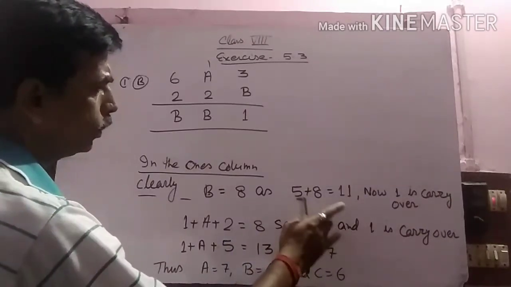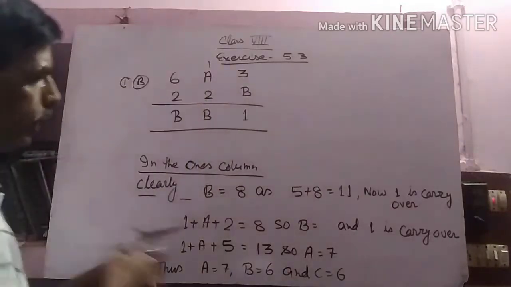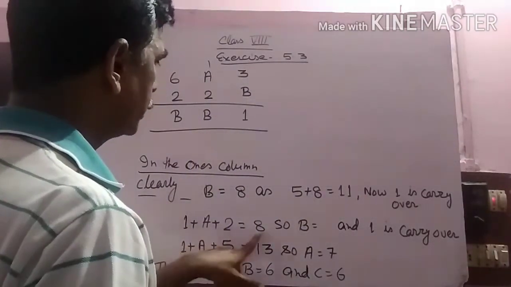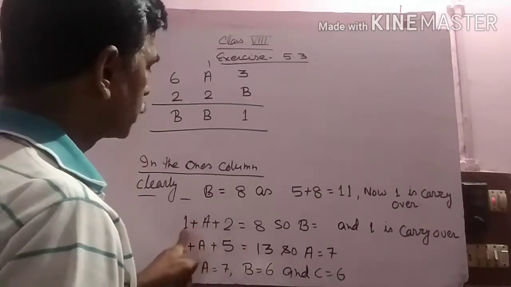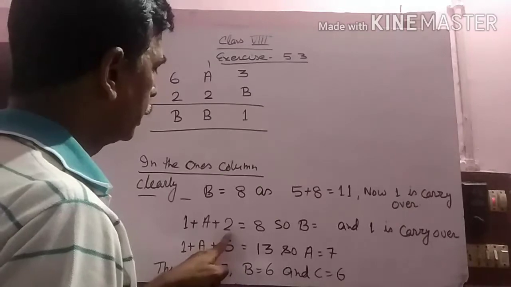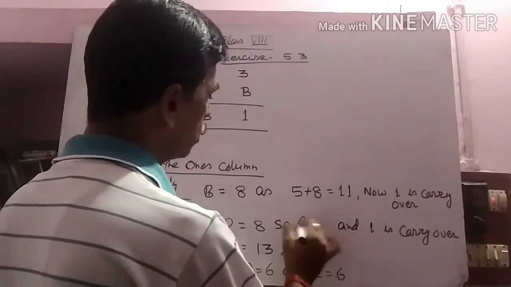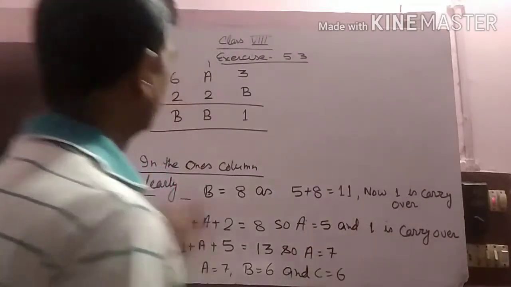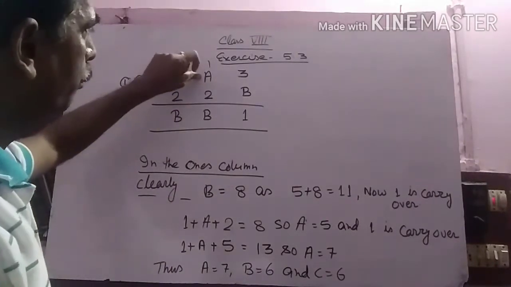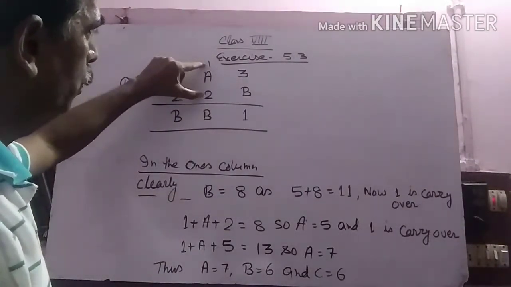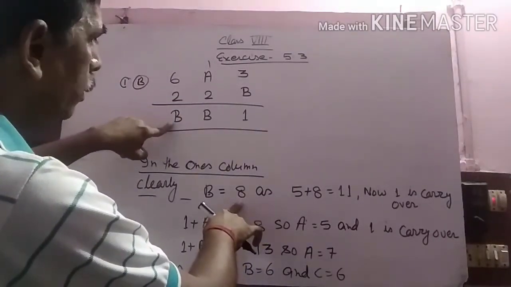So B is equal to 8 and A we get is 5. So 1 plus 2 is equal to 3 plus 5, so A is equal to 5. 5 plus 1 is 6, plus 2 is 8, which is the value of b that we got.